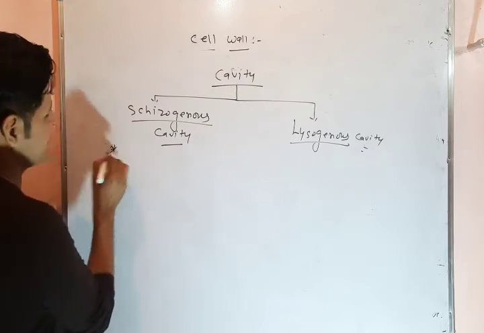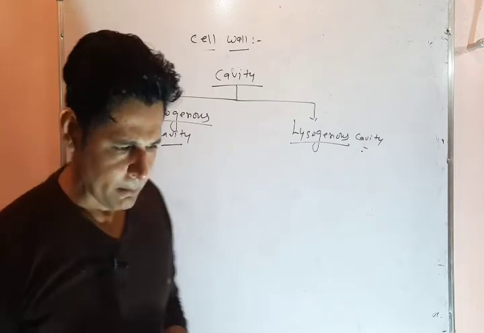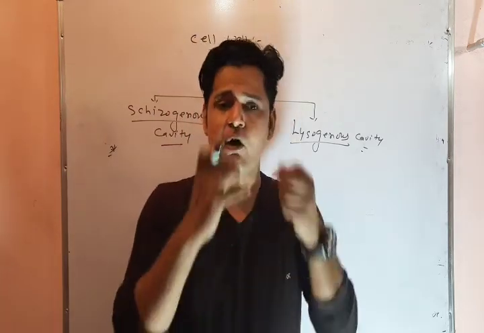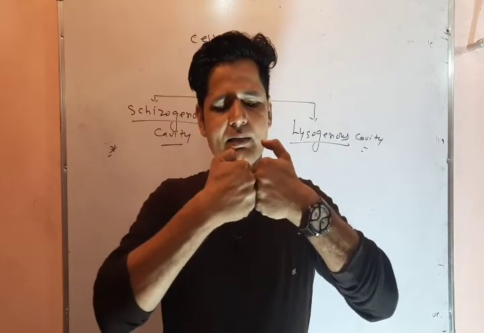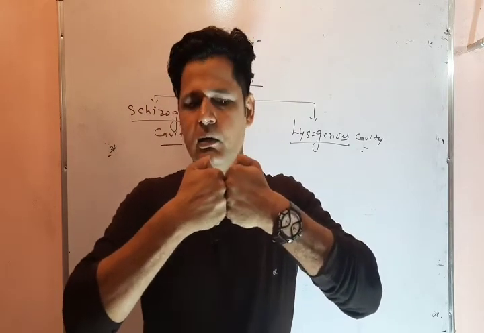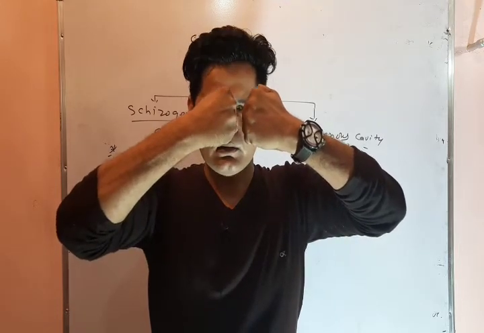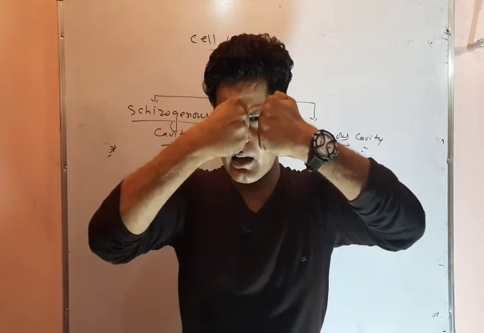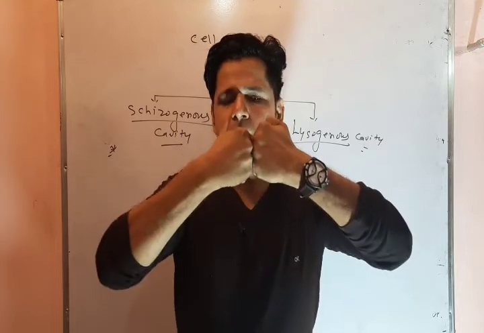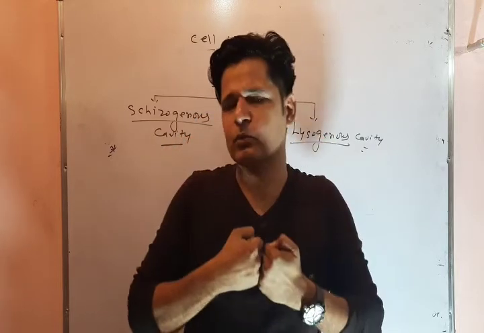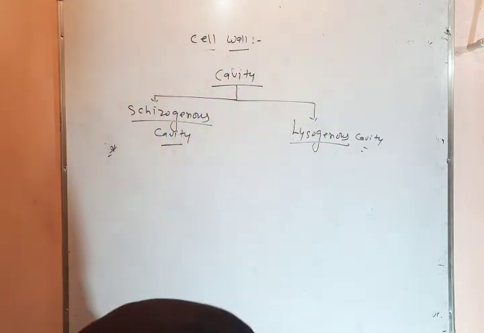A cytogenous cavity is formed by the separation of two cells. You can say that these two cells are attached to each other. If both cells separate from each other, this is the cavity formed by the separation of two cells, known as a cytogenous cavity.